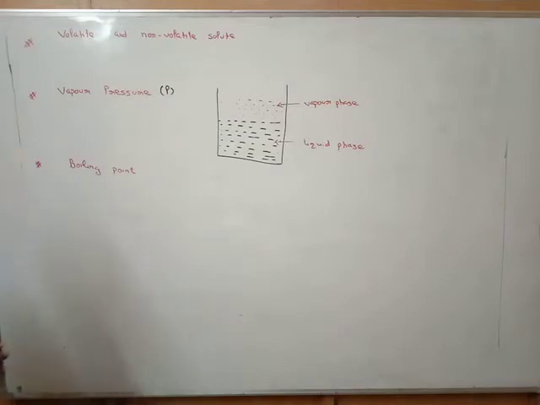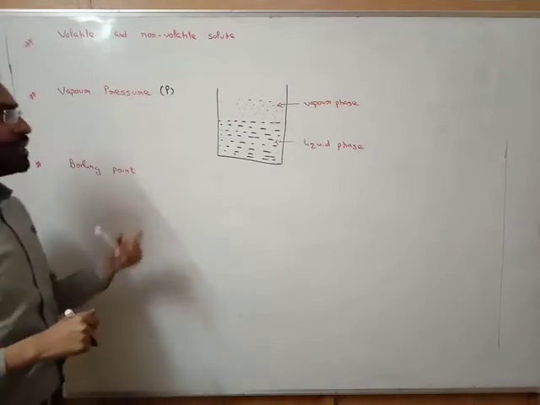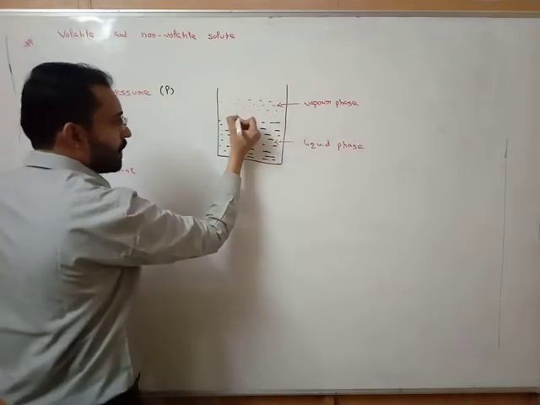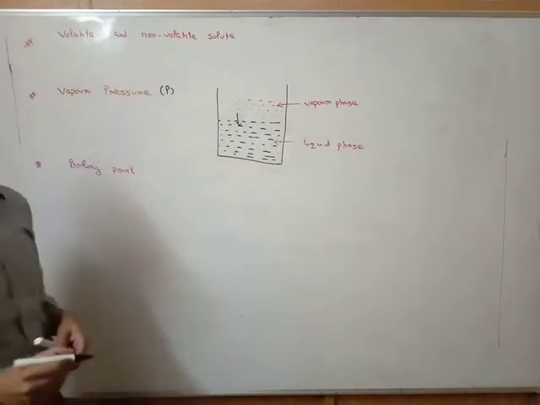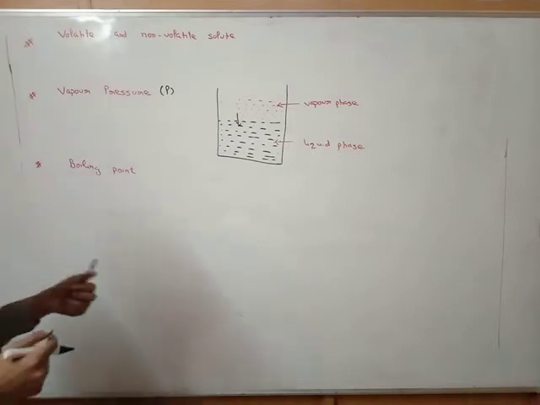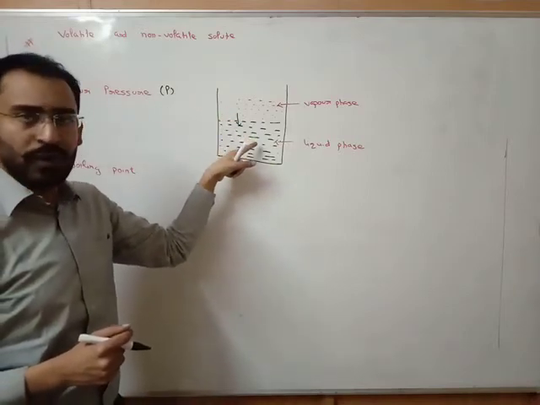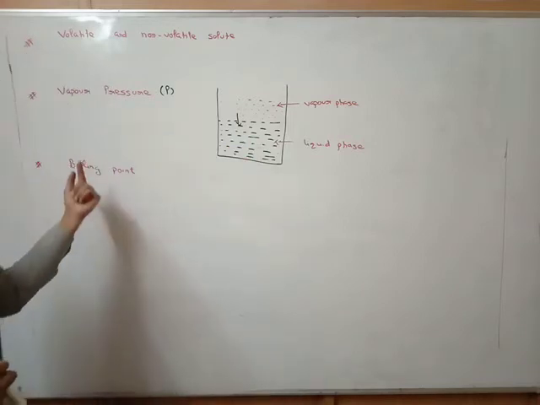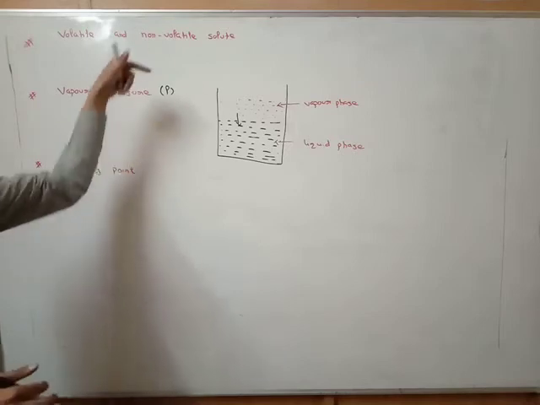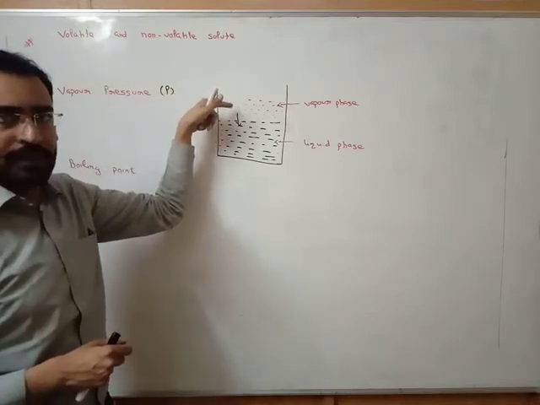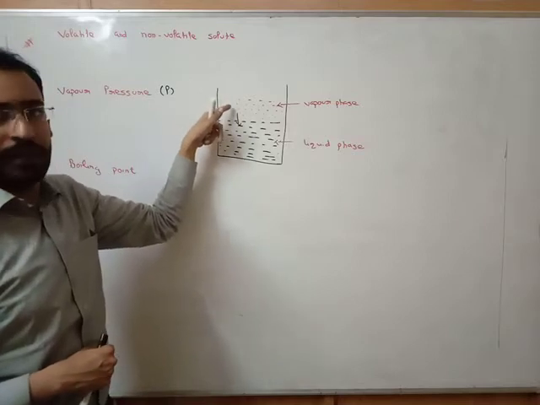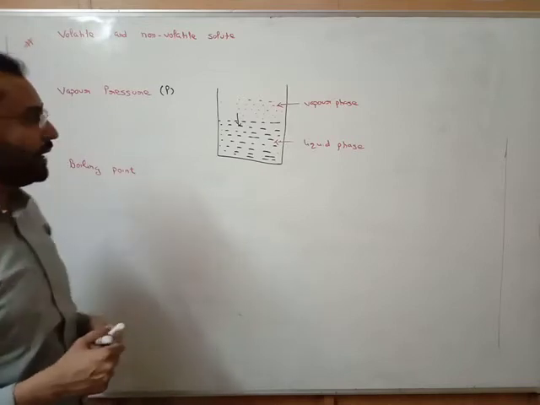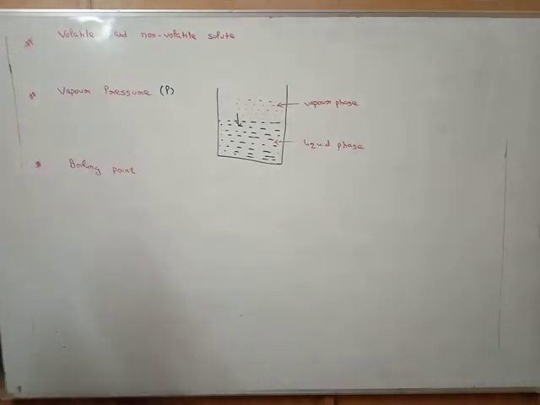Now, what is vapor pressure? Vapor pressure is the pressure exerted by the vapors on the liquid layer when in equilibrium with the liquid phase. That is known as vapor pressure. Again, what is vapor pressure? Vapor pressure is the pressure exerted by the vapors of the liquid on the liquid layer when both phases are in equilibrium.